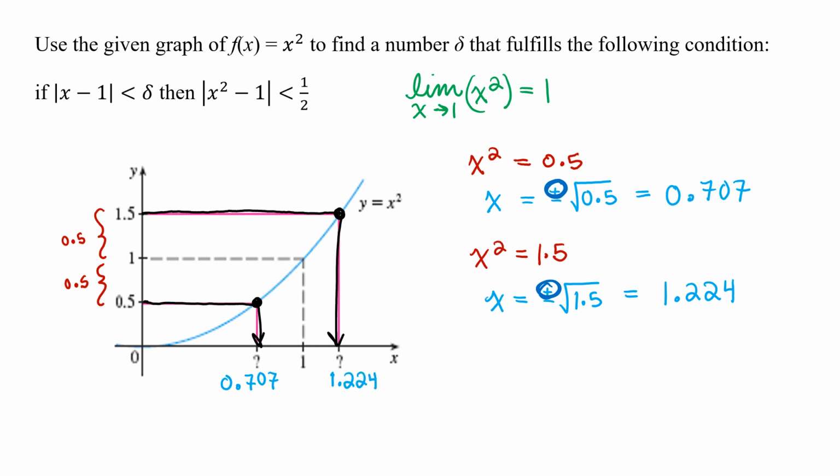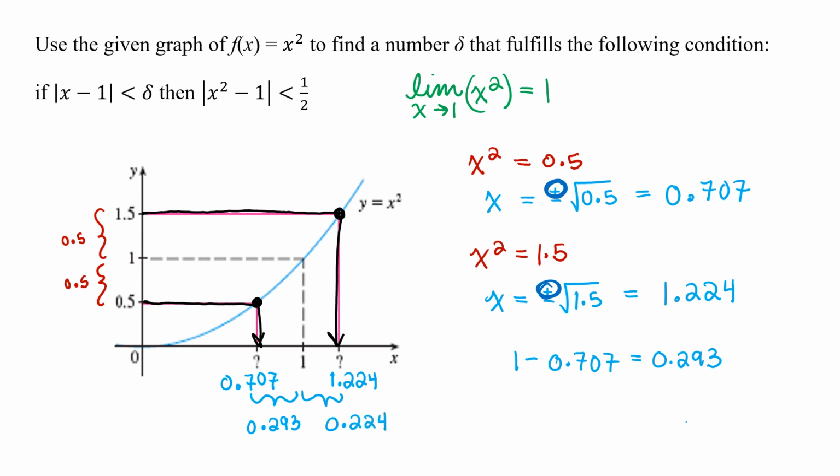And we need to find the distance between each of these input bounds so we can figure out which delta we need to use. The distance between 0.707 and 1 is 0.293, and you just get that from doing 1 minus 0.707. And the distance between 1 and 1.224 is 0.224.